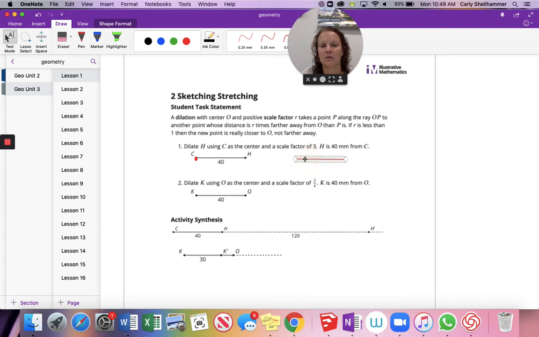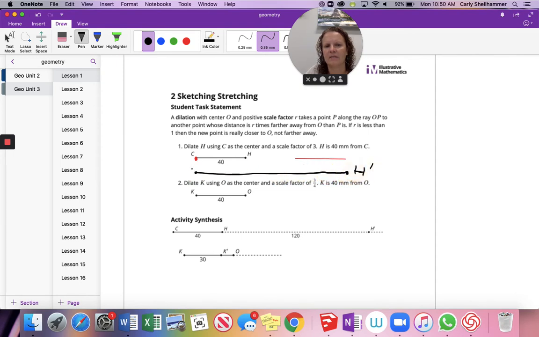Well, oh well, that works. So that's times 2. And if I do it one more time, that's times 3. So really, it would be H prime. And the length would be 120 millimeters.